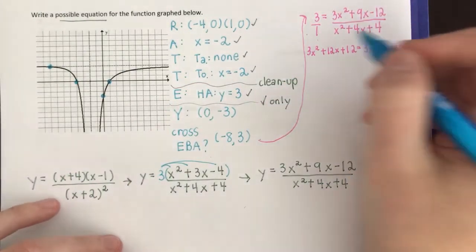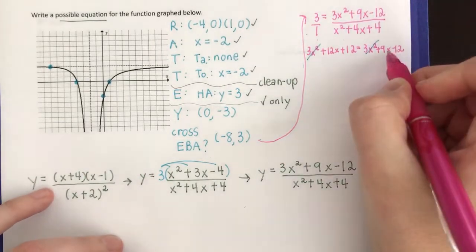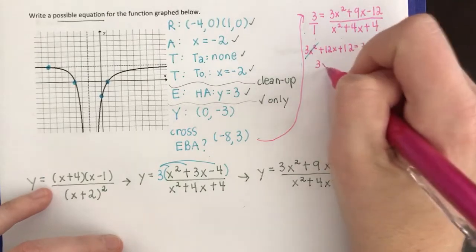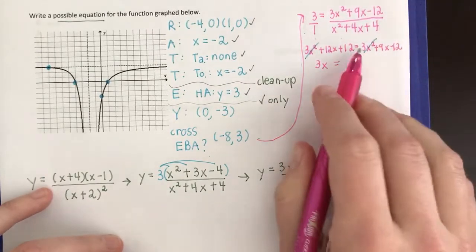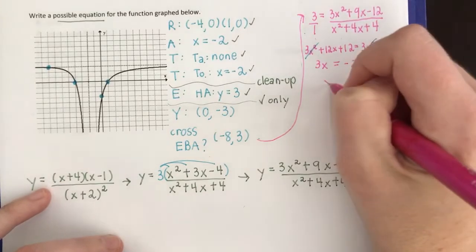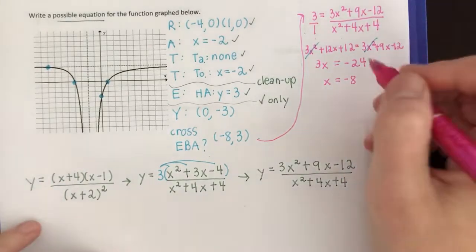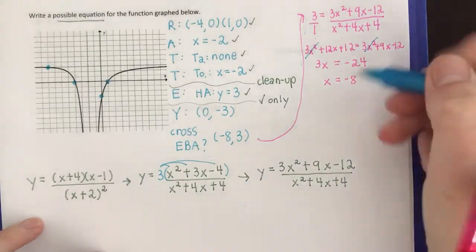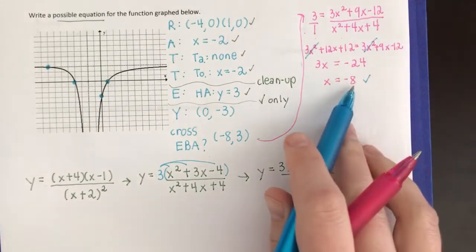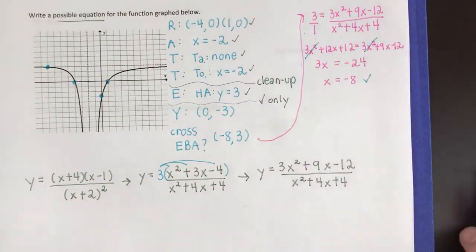So then our 3x squared terms eliminate. Bring over this 9, so we would have 3x equals, bring over that 12, of course it's -24. So x equals -8. And that checks out. Our coordinate is -8, 3, excuse me.